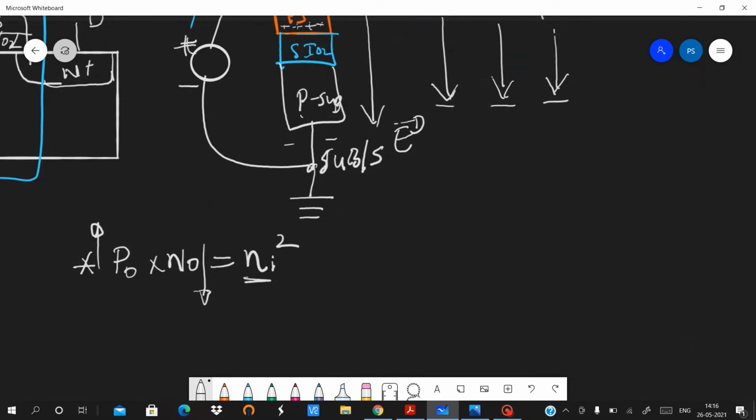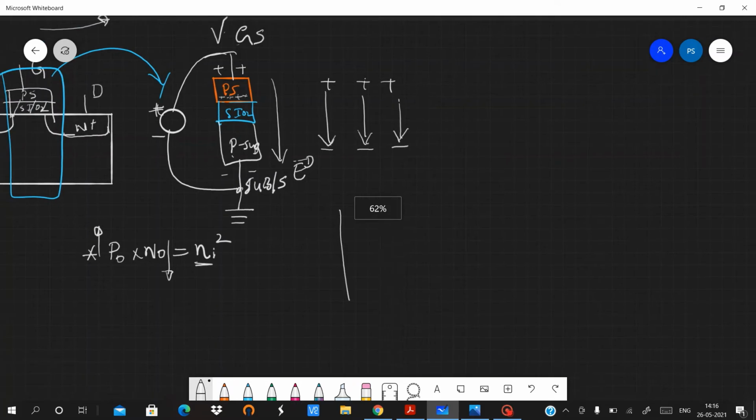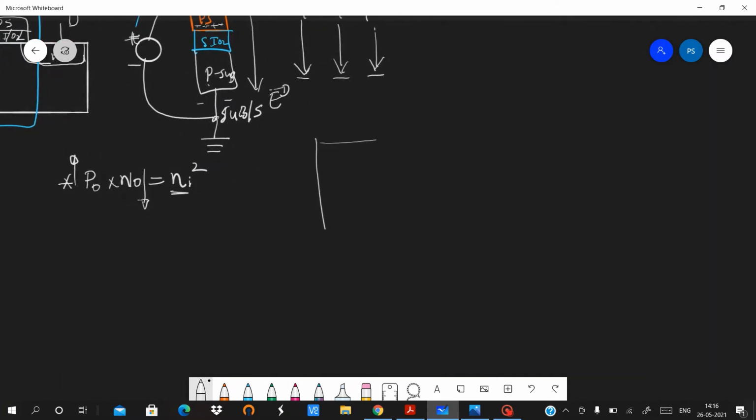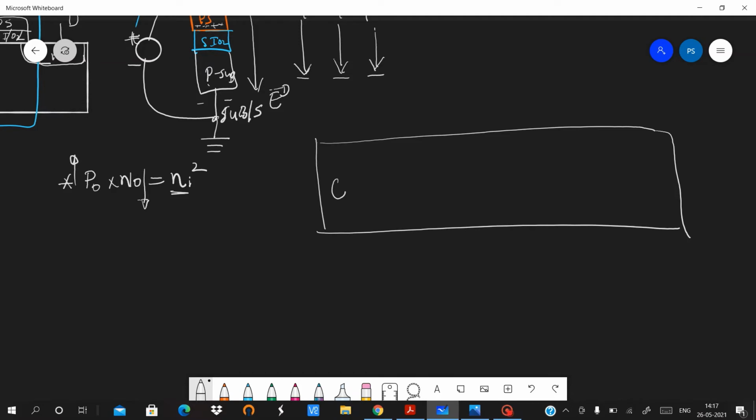So for a P substrate, let me draw this diagram like this. This is my gate polysilicon, this is my SiO2, this is my P substrate. Here I have applied a positive charge, so there is an electrical field. When there is an electrical field, because it is positive, it will attract electrons, right?